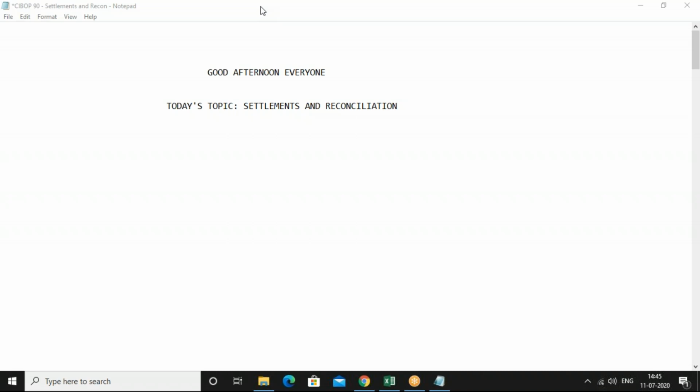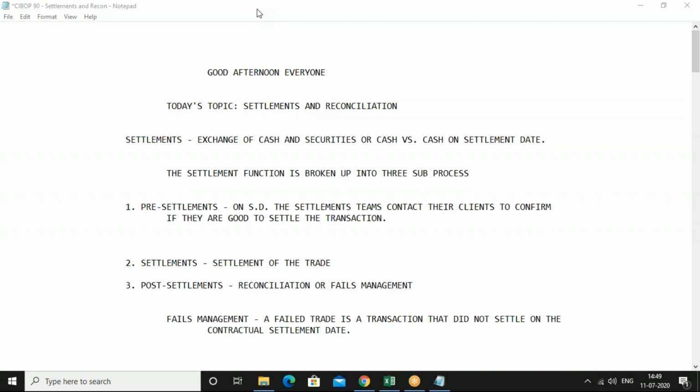What if a trade did not settle on the settlement date? Post settlement is essentially a reconciliation, where you check whether the deal has settled or not. If the deal has not settled, it's called a failed trade and now we have to manage that.